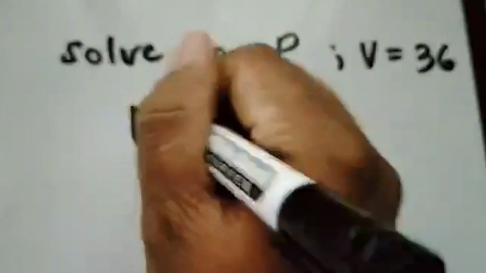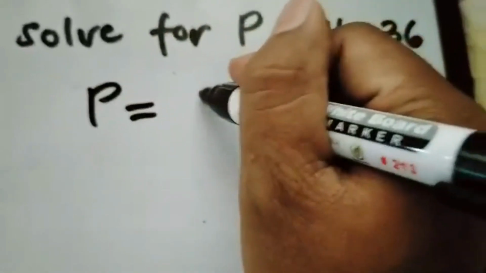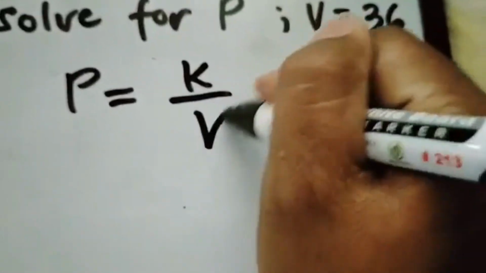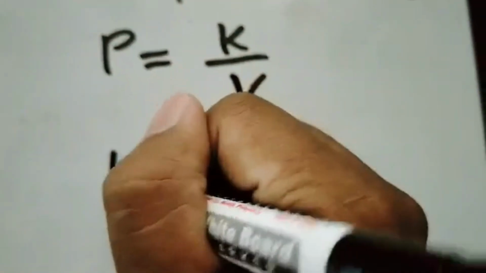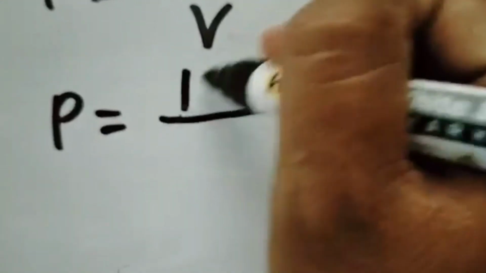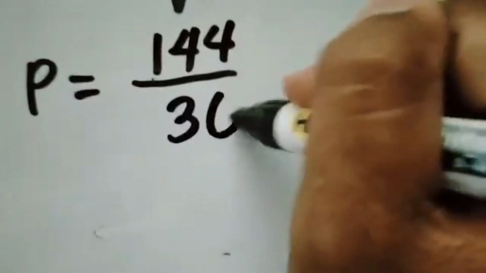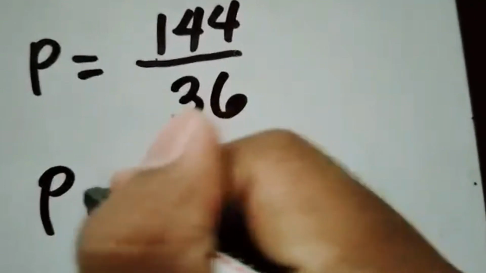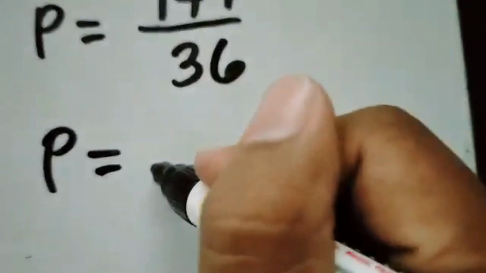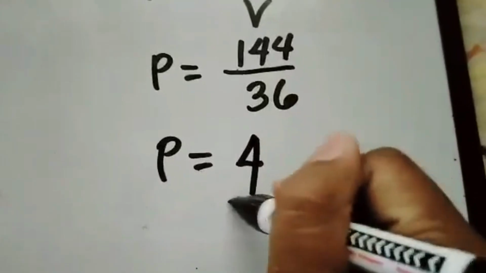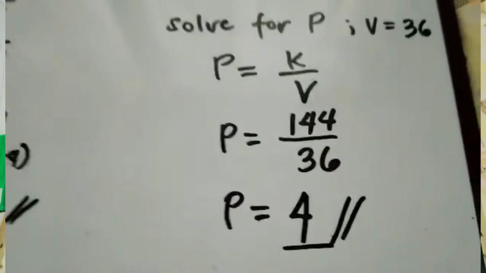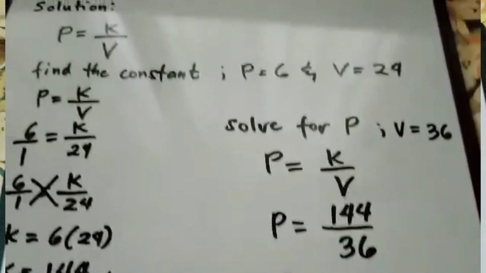So we have P equals k over B. Yung value ng k natin dito, nasolve natin kanina, we have 144. So P equals 144 over 36. So P is equal to 4. Nagets ba? Check nyo mabuti.